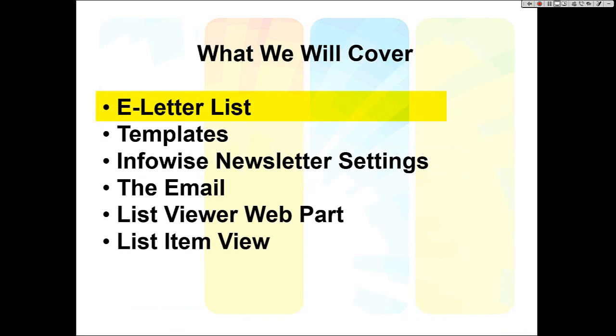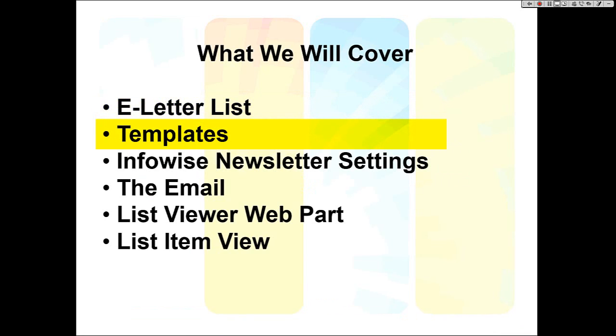We're going to cover the E-Letter list. We're going to cover the templates, which are HTML files that the functionality of this looks at. There are two HTML files, one for email and one for the list view. We're going to look at the newsletter settings.